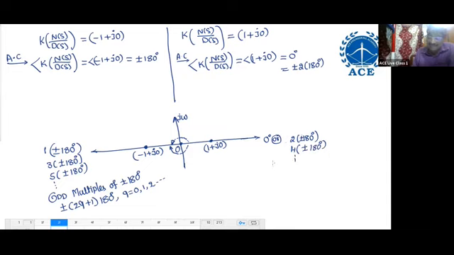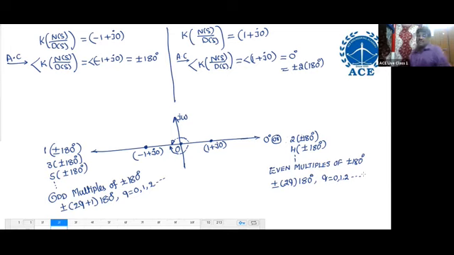That means what can I write this as? Even multiples of plus or minus 180 degrees, or plus or minus 2q into 180 degrees, where q equals 0, 1, 2 and so on.